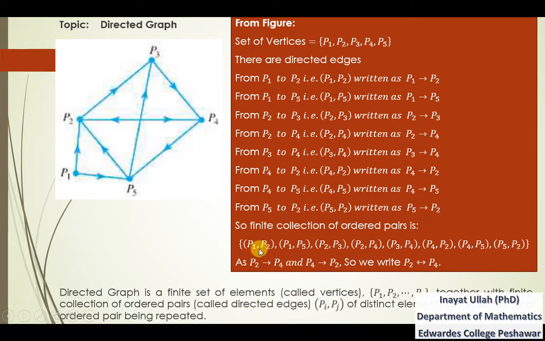This is one directed edge from p1 to p2. This is the second directed edge from p1 to p5, and this is the third directed edge from p2 to p3, and so on.